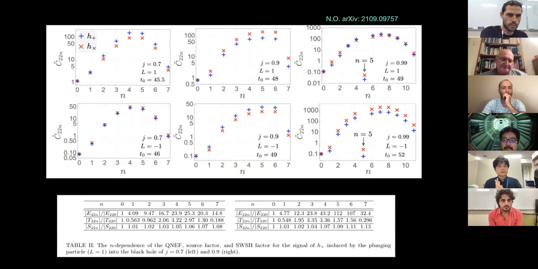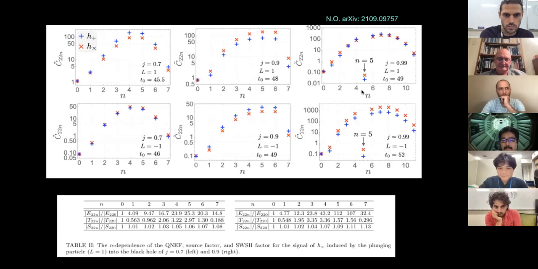For 4.7, fourth and fifth overtones are highly excited again. For 4.9, fifth and sixth overtones are highly excited. Interestingly, for 4.99, almost the extremal limit, the fifth overtone is highly suppressed, as I showed you in the previous slides.